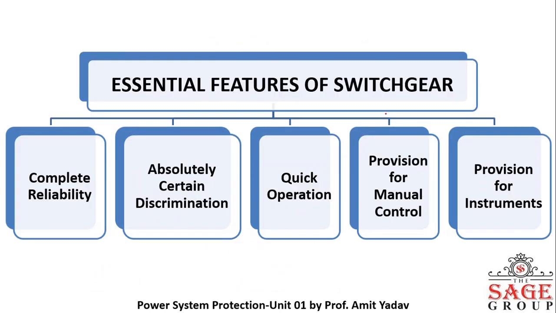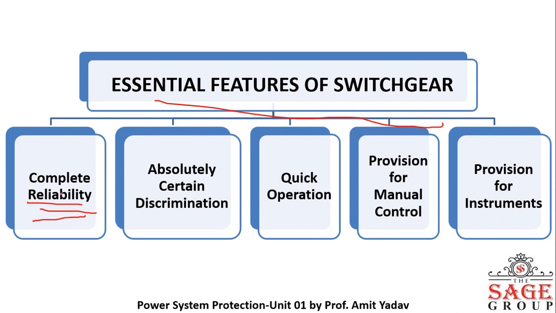Now we will discuss the essential features of switchgears. The first one is complete reliability. To define this feature, first we have to understand what reliability is. Reliability means trustworthy. With the same definition, we can define this feature of switchgear.